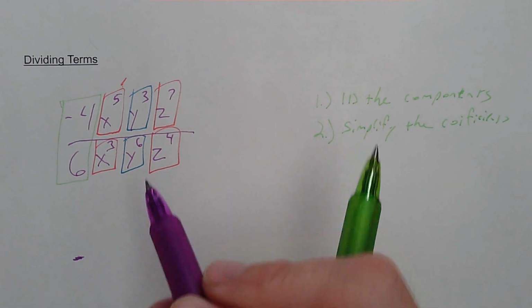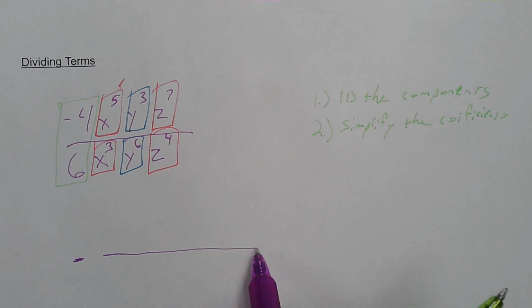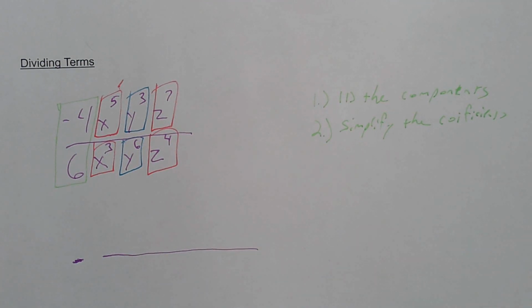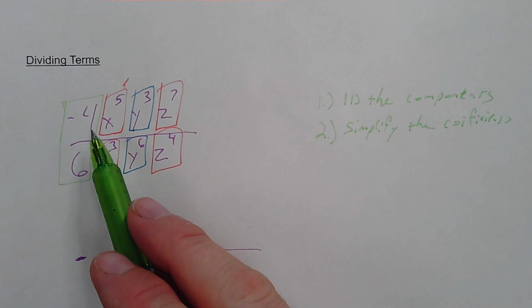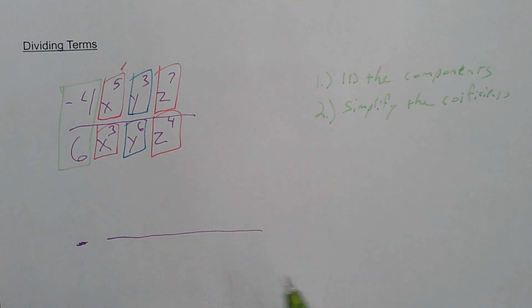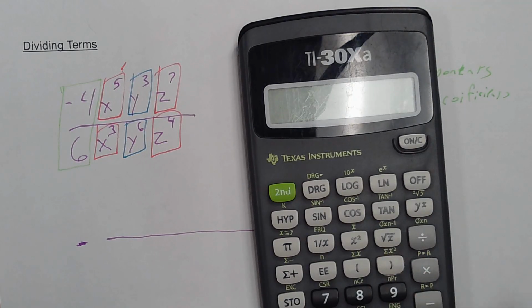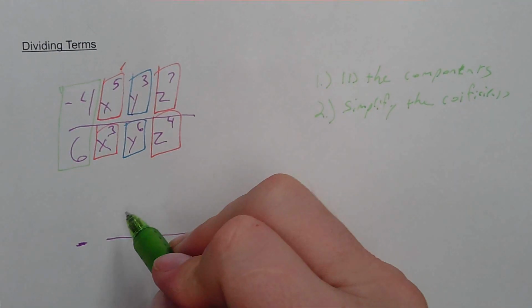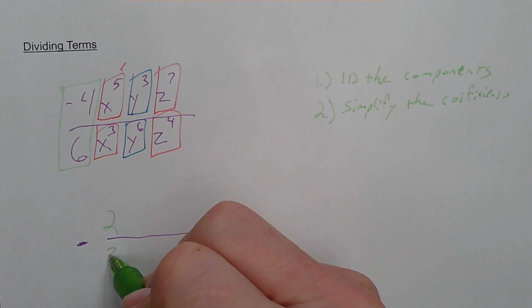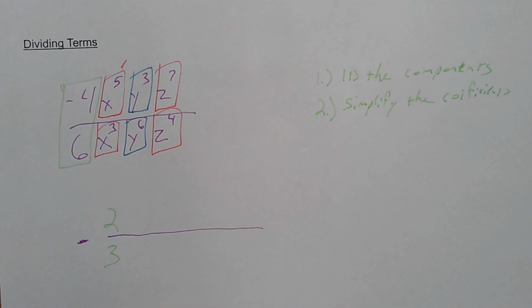We know it's going to be negative. Now we can stop worrying about that negative sign. Okay, that 4 over 6. Well, can we simplify 4 over 6? Hey, that's 2/3. Let's simplify that. That is now going to be 2/3.